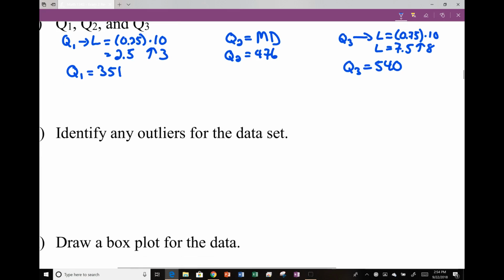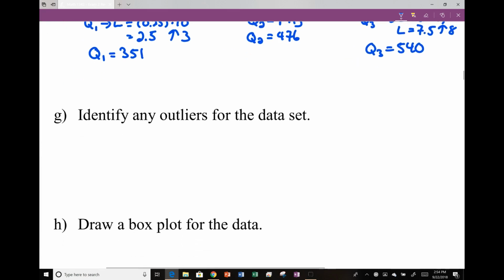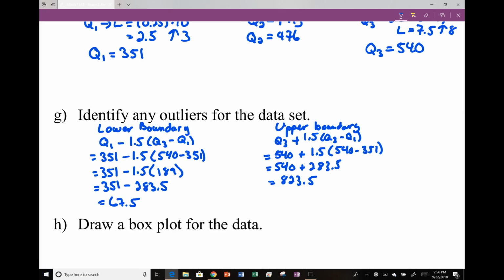I would like for you to see if you can find the lower boundaries and the upper boundaries for the data set, and then pause the video and then come back and check. Okay, so I have calculated the lower boundary. I took 351 minus 1.5 times my Q3, which is 540, minus my Q1, which is 351.